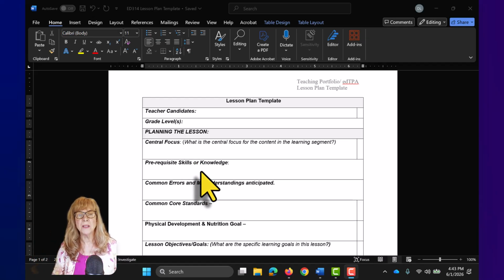Prerequisite skills or knowledge. Now this one and the next cell, common errors and misunderstandings anticipated, are kind of difficult to fill out if you haven't taught, right? If you don't have any teaching experience, then you might not remember back to first grade what you needed to know in order to learn whatever lesson you're going to be teaching.